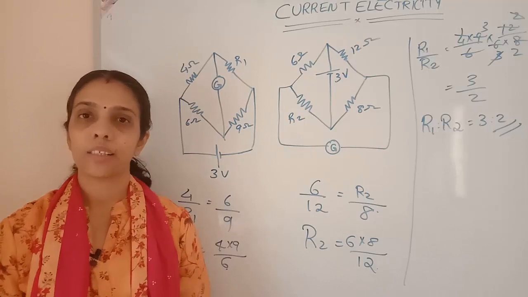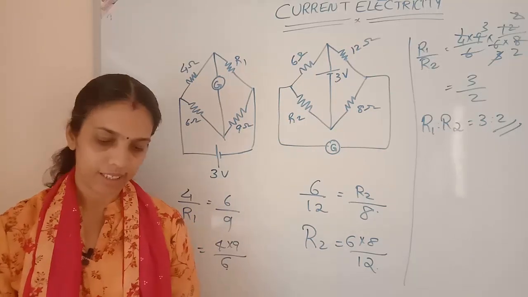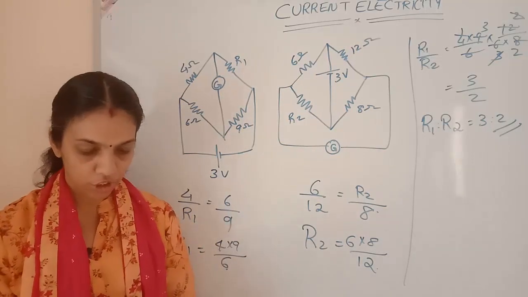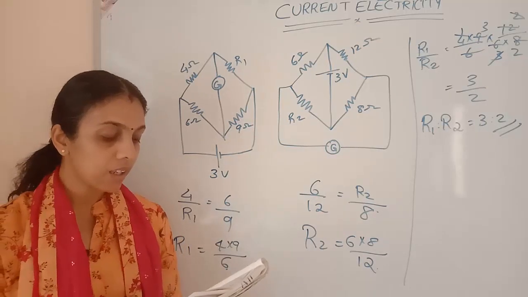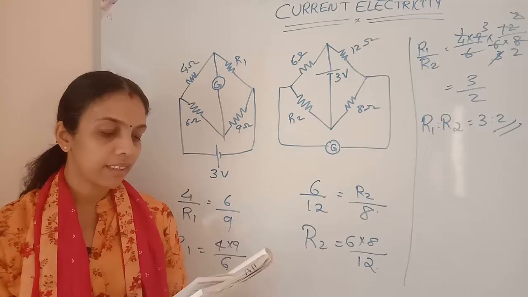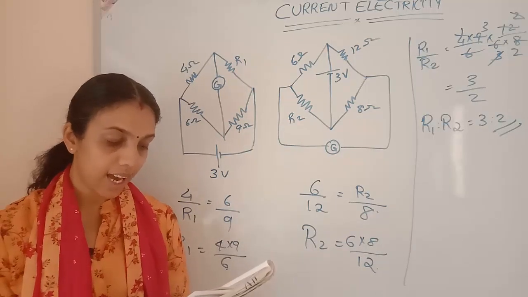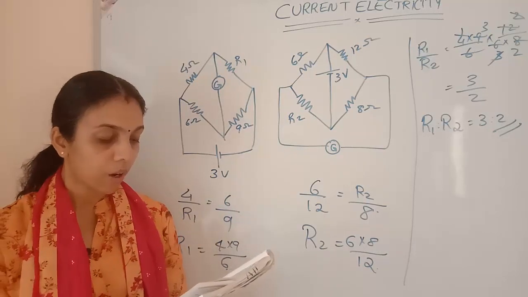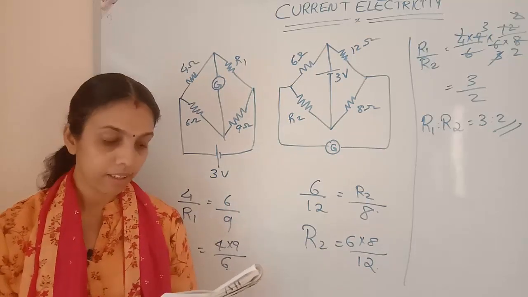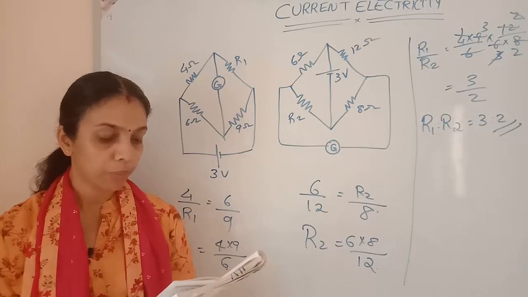Yesterday we didn't do any numerical based on that, right? This is a previous year question. When two known resistances R and S are connected in the left and right gaps of a meter bridge, the balance point is found at a distance L1 from the zero end of the meter bridge.